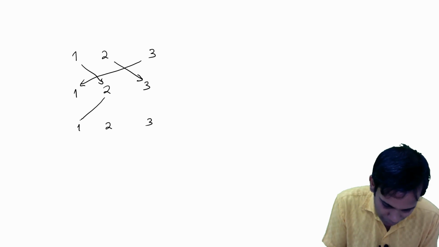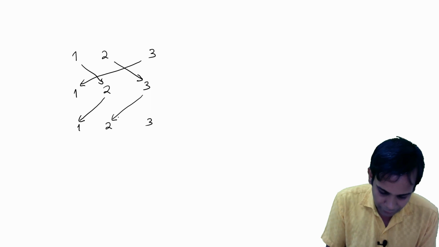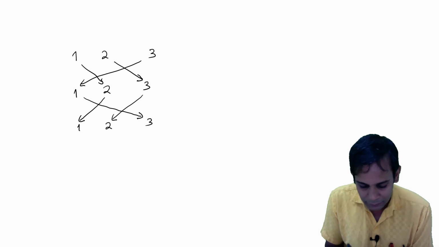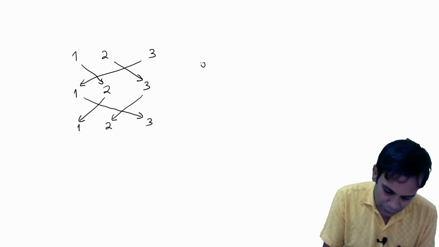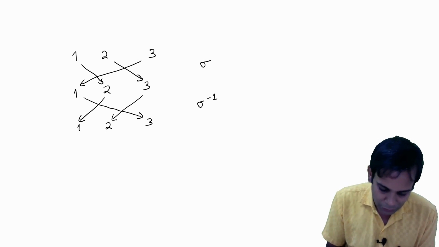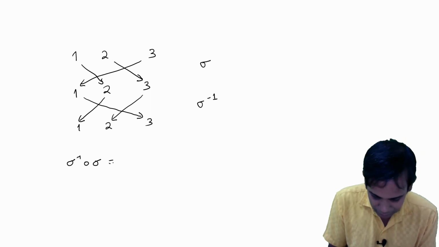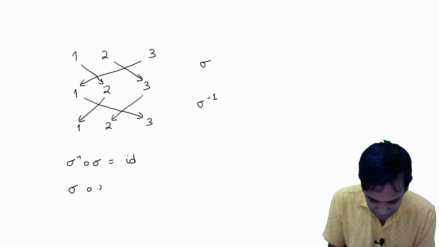So 2 must go back to 1, and 2 goes to 3, I want to take 3 back to 2, and 3 goes to 1, I want to take 1 back to 3. So this is what we call the inverse function, right, in set theory. So if this were sigma, then this would be sigma inverse. And what can we say about the composition of sigma with sigma inverse? Well, sigma inverse circle sigma is, well, you follow through the arrows, it is the identity. And in the same way, sigma circle sigma inverse is also the identity.